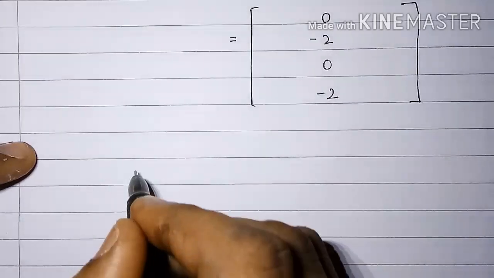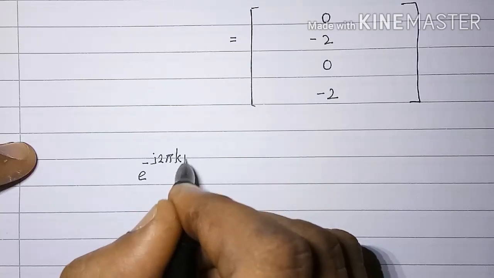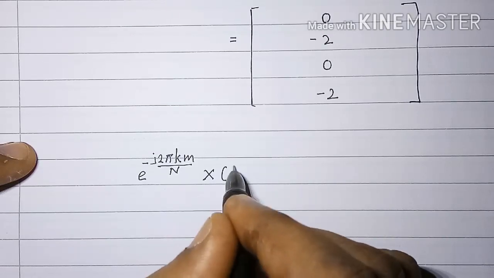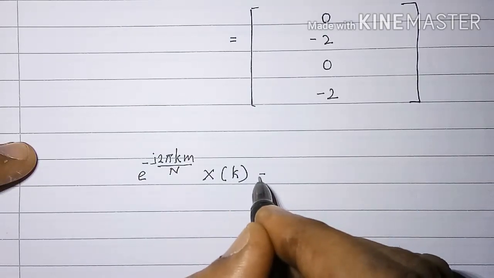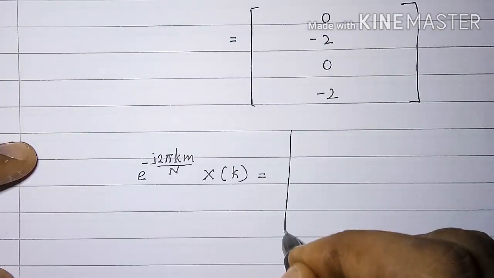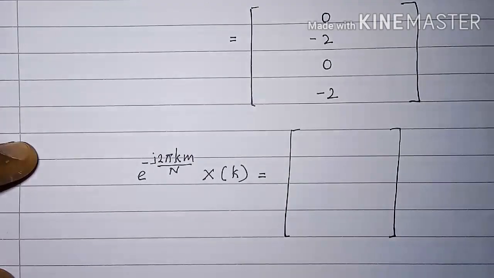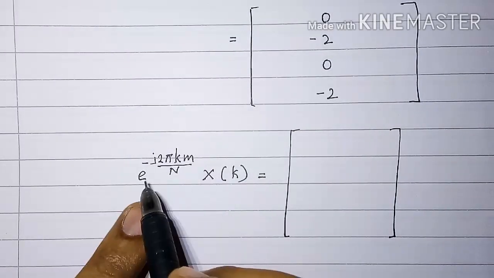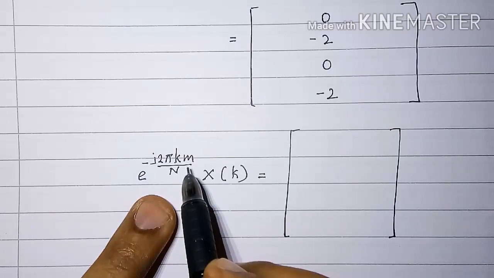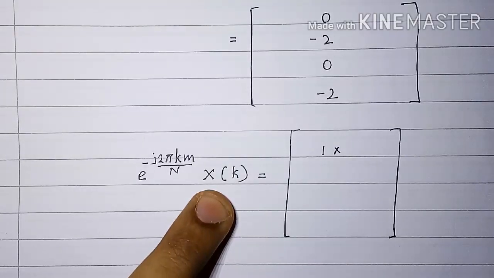Now we will calculate e raised to minus j 2 pi km upon n into x of k. For k equal to 0, e raised to minus j 2 pi km upon n will be equal to 1. 1 into x of 0.